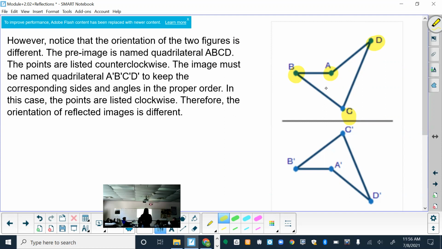But the reflected image would be read C, D, A, B, and we still name it A prime, B prime, C prime, D prime.